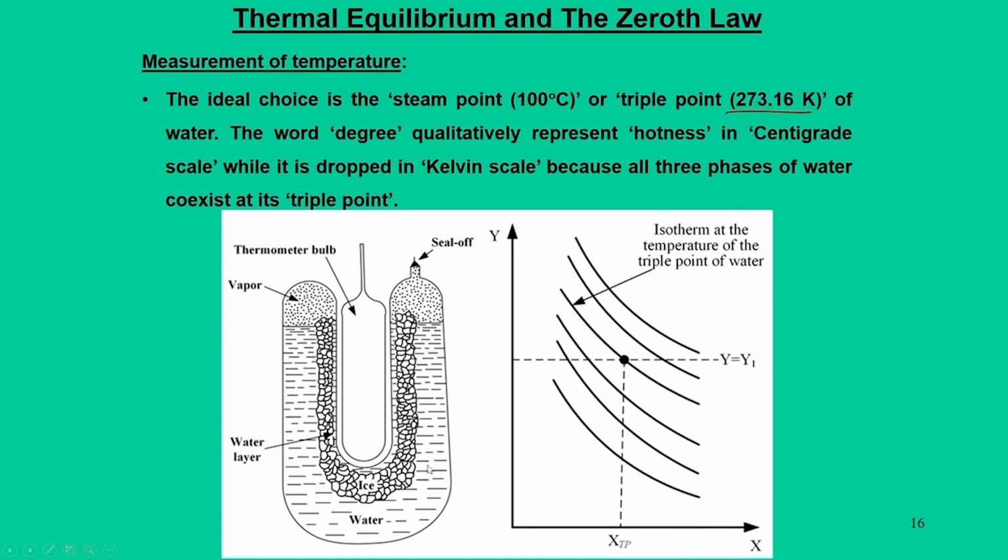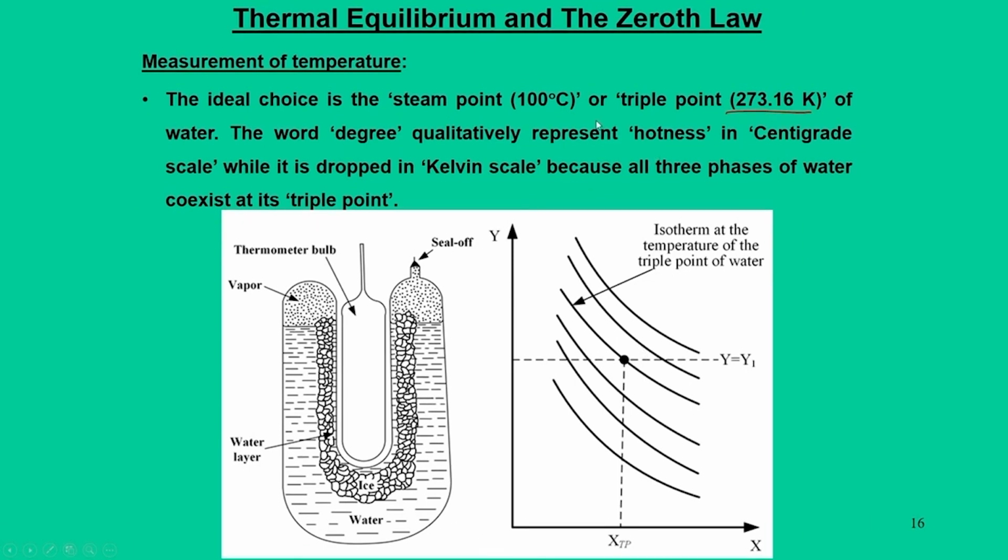At 273.16 Kelvin, all three states of water are in complete equilibrium, or all three states can coexist together.